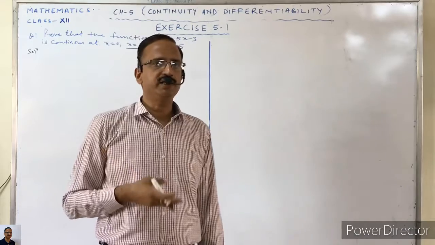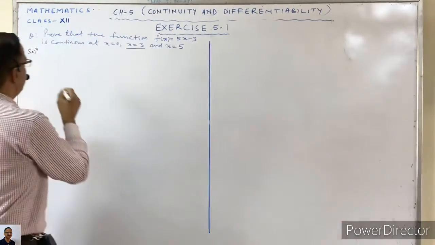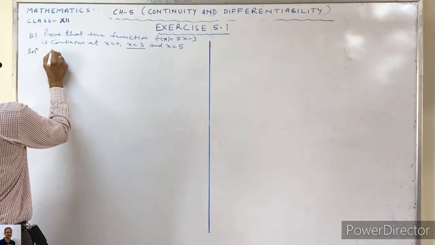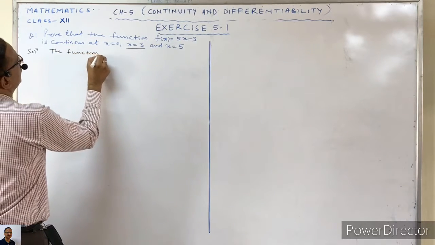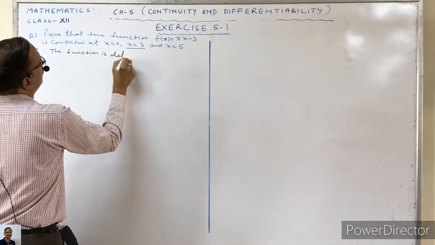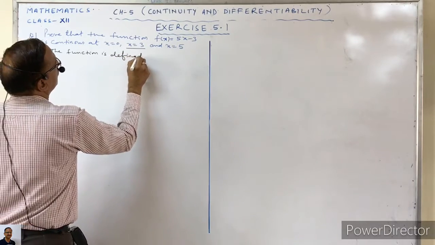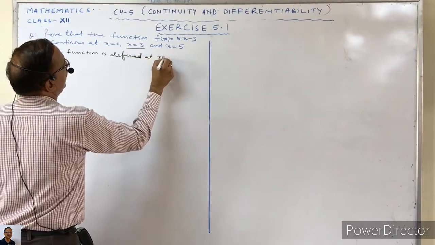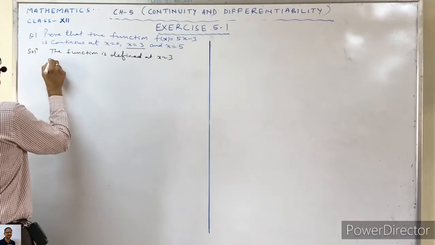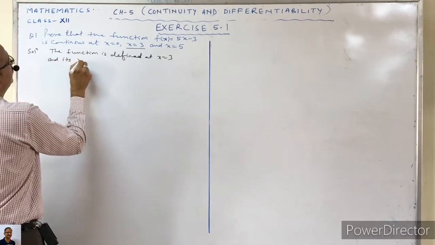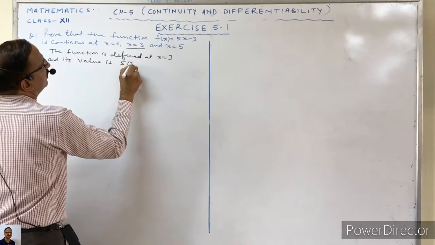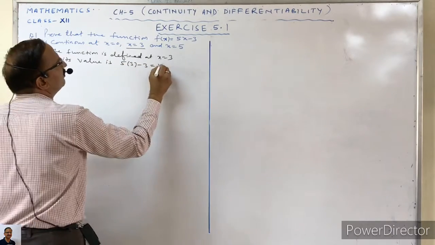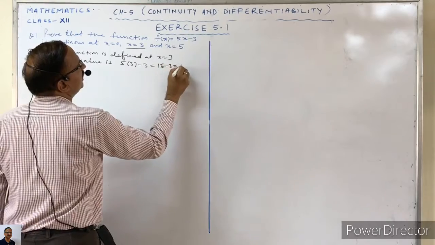It means the function is defined at x equal to 3 and its value is 15 minus 3, that is 12.